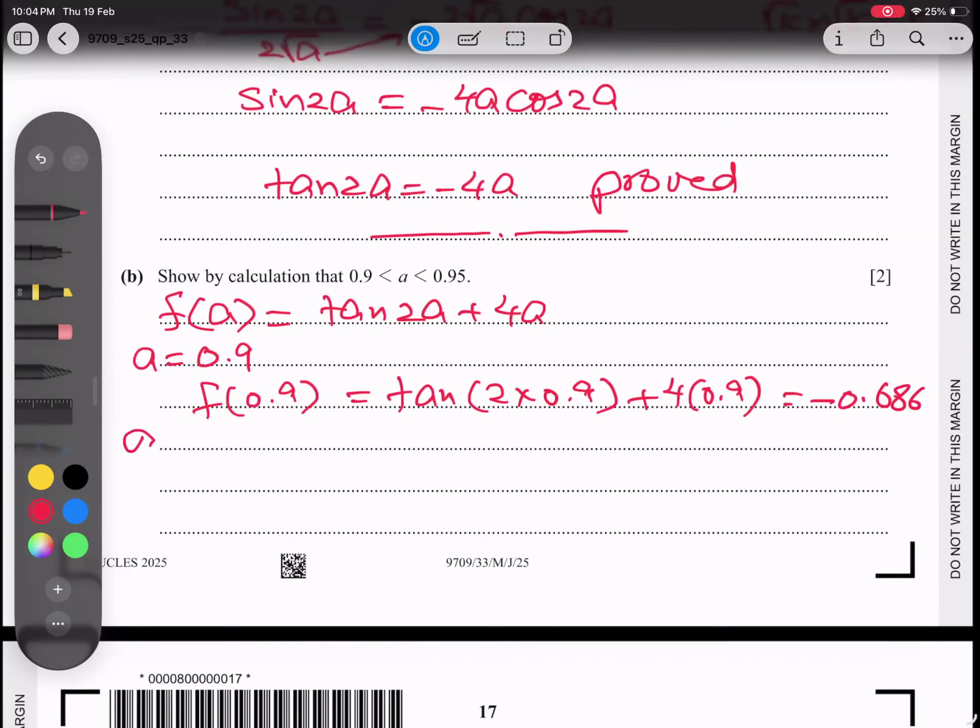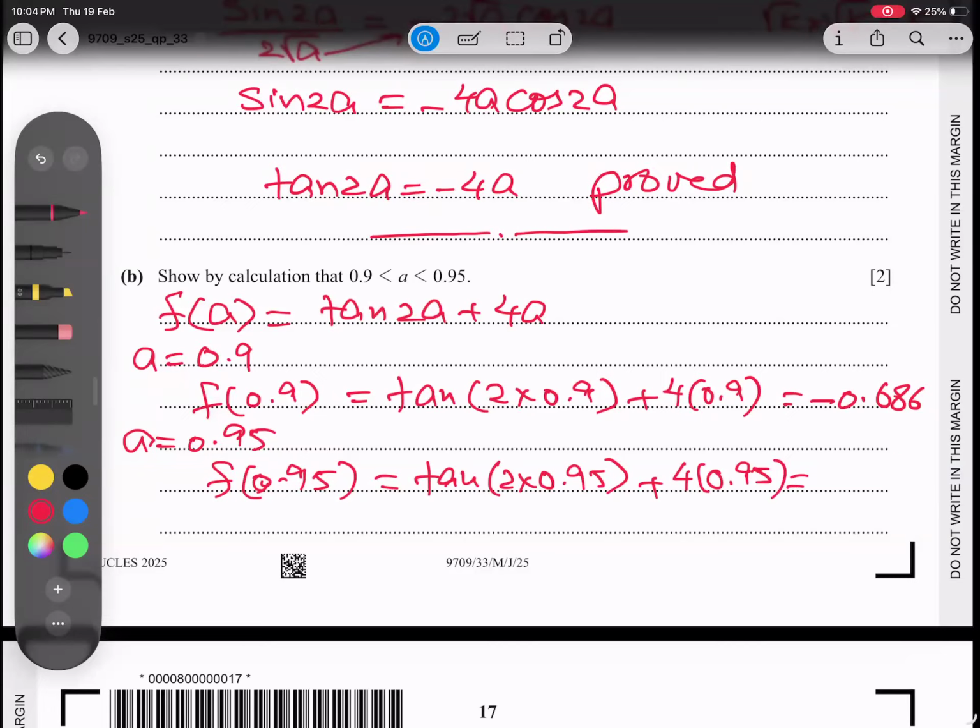Now I replace every a by the upper value 0.95. So tan of 2 times 0.95 plus 4 times 0.95. So let's see what answer turns out to be.